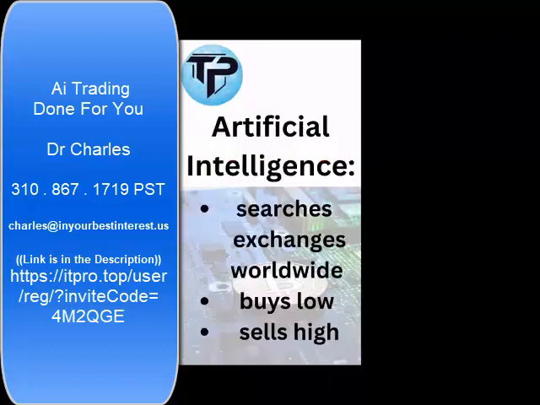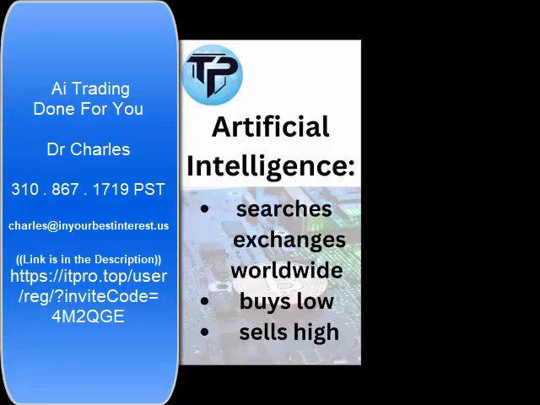Now, although one Tether is always valued at $1, at various exchanges it will be sold at varying prices, very close to $1. For example, one exchange might sell it at 99 cents, another exchange might sell it at 95 cents.